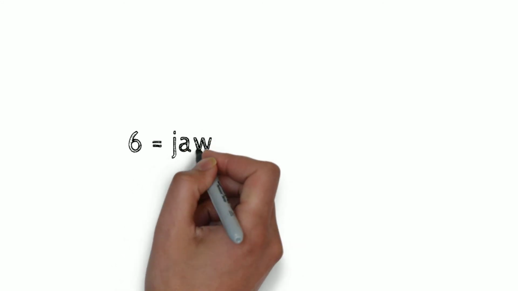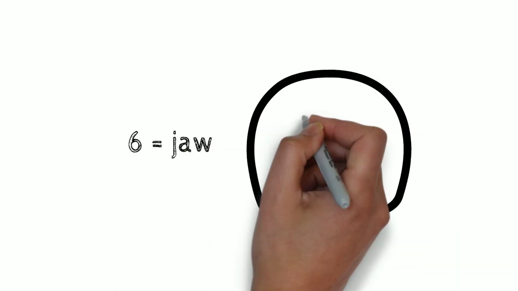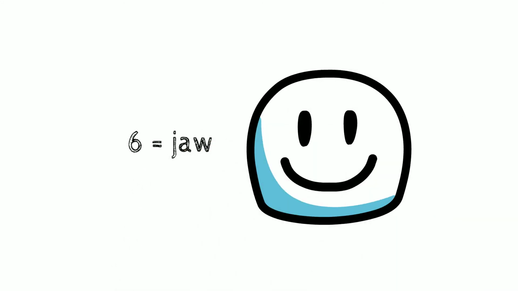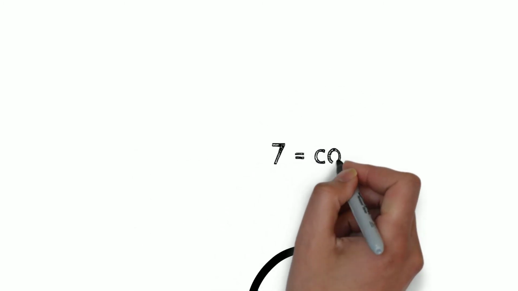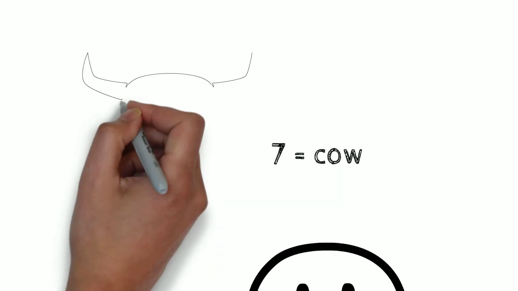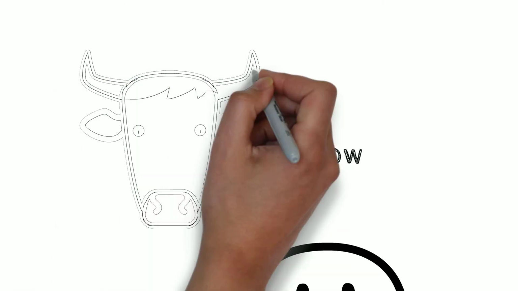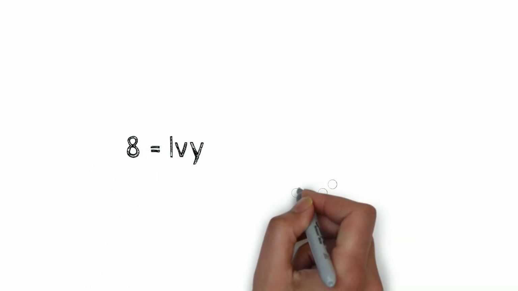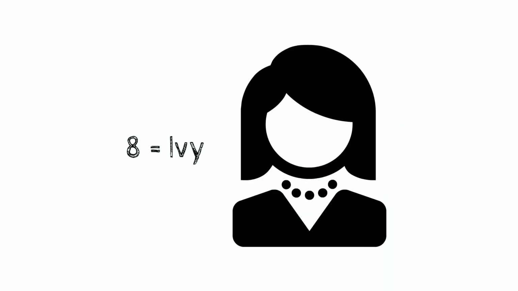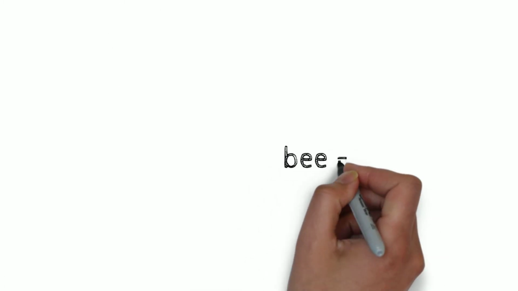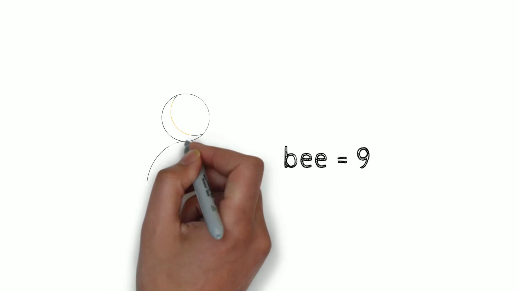For number 6, I use the word jaw, and I imagine myself having a very strong jaw, like a lion's jaw. For number 7, I use the word cow, so I picture myself milking a cow. For number 8, whenever I come across this number, I picture my friend called Ivy. And finally, for number 9, I imagine myself running away from an angry, stinging bee.